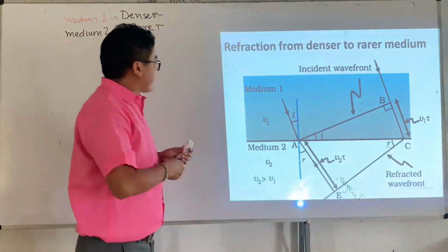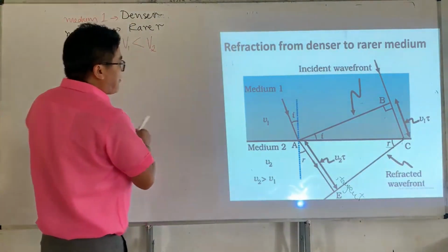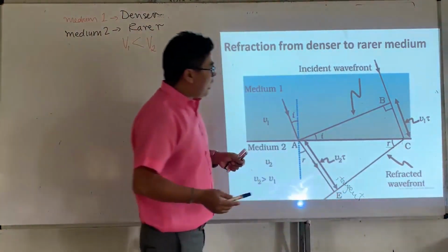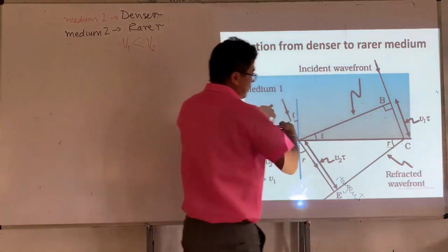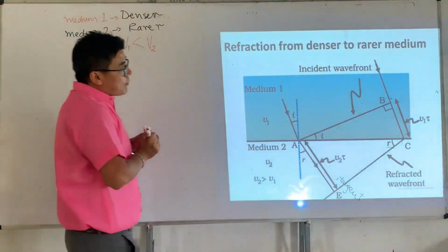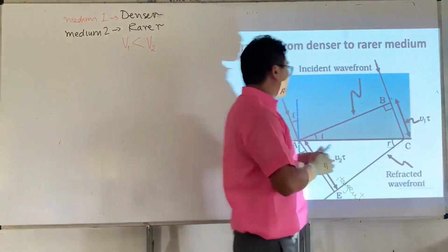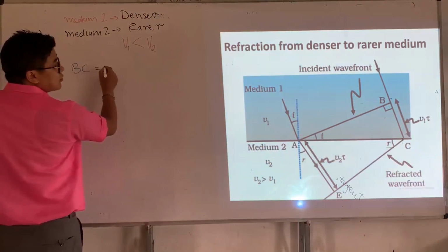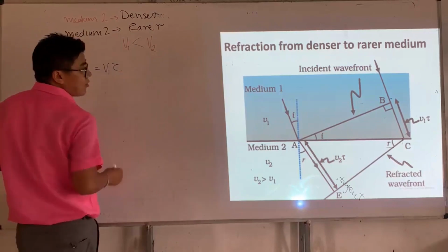So look here, again the same: tau is the time for a wave to travel from B to C. So B to C, the time taken is tau, and the distance is going to be V1 tau. So distance BC is equal to V1 tau.